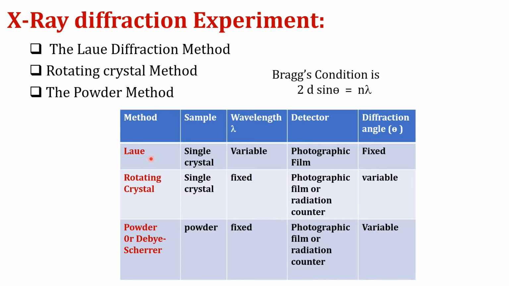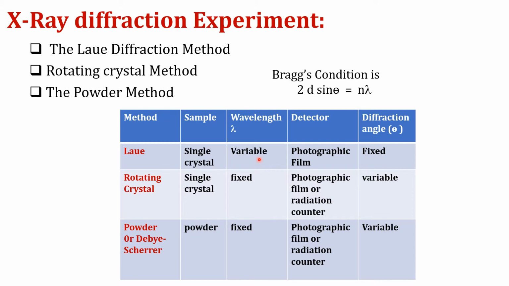If we consider the Laue method, that method has three variable terms: the sample, the wavelength of X-ray used, the detector, as well as the diffraction angle. Hence, the sample used in Laue's method should be a single crystal.